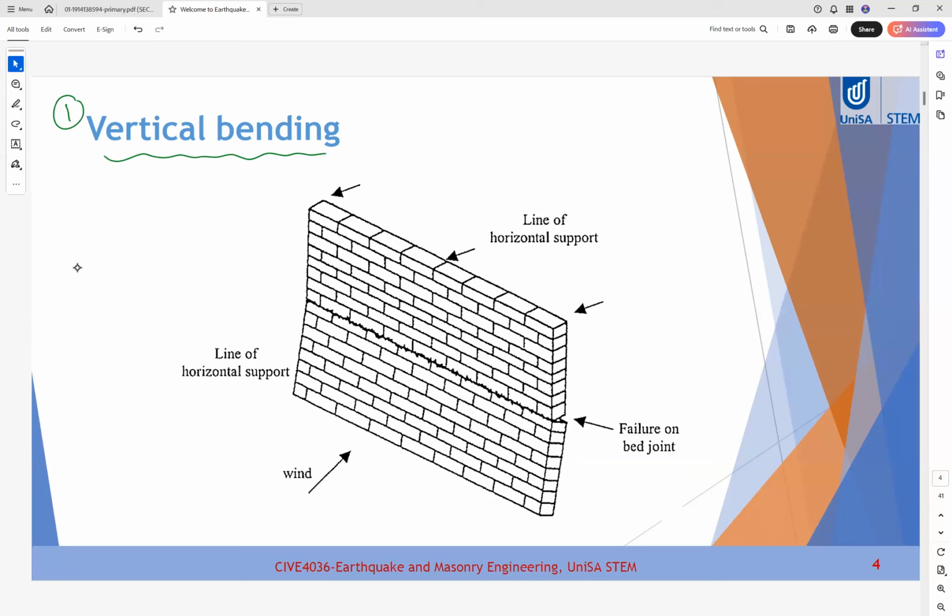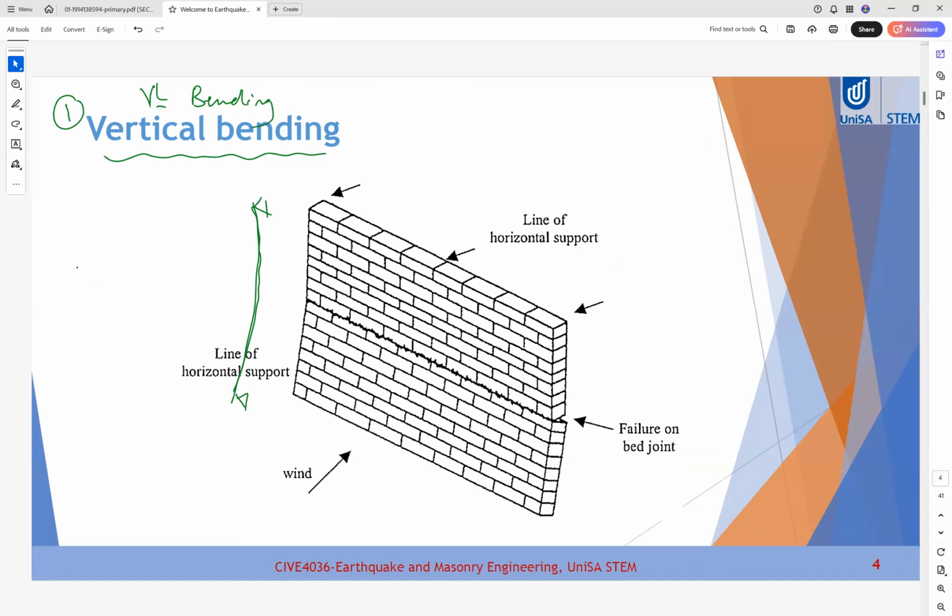As you can see here in this image, the wall bends in this direction. So if we have support here, the wall bends in the vertical direction. That's why it's called vertical bending. So as you can assume, where are the supports?